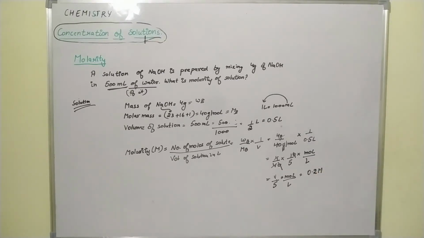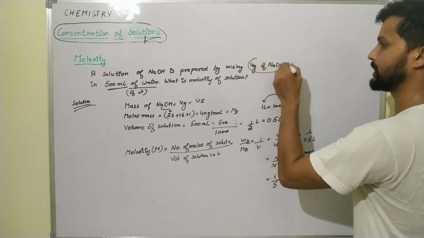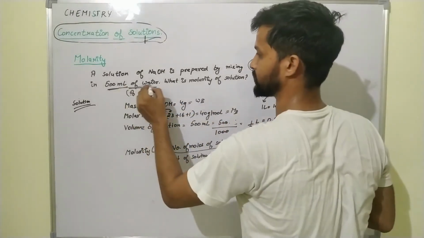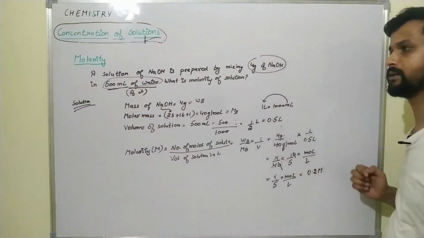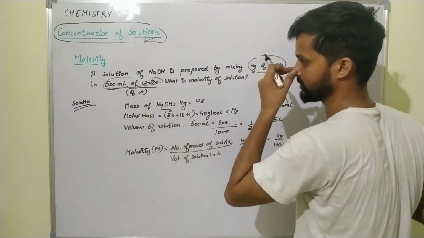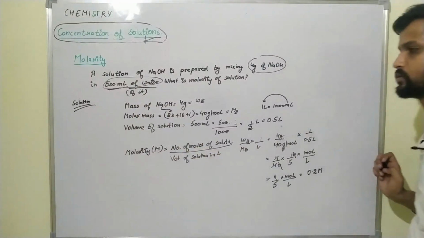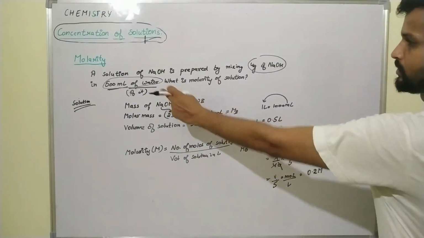So this is a numerical in which they have asked you to calculate the molarity of the solution, in which the given mass is 4 gram and the volume of the total solution is 500 ml. So instead of water they can also give 500 ml of it. So the total volume should be 500 ml.